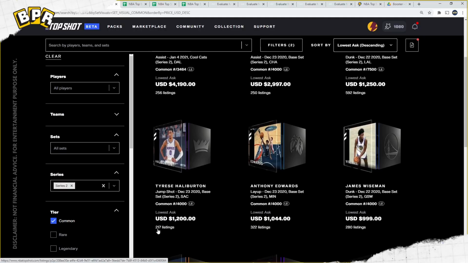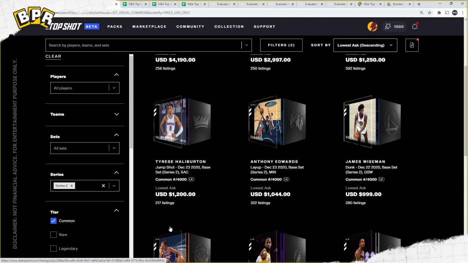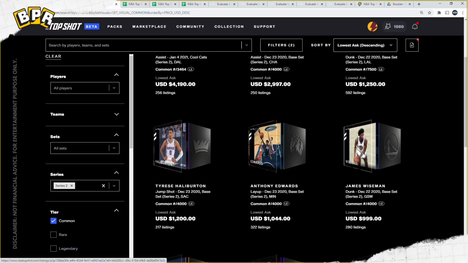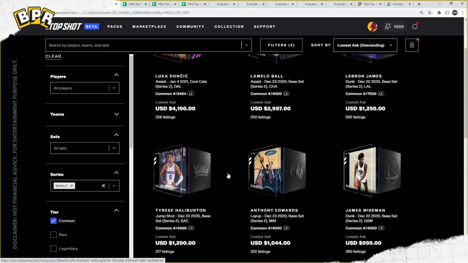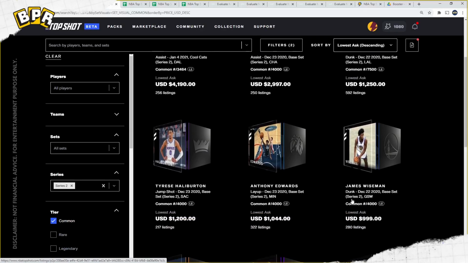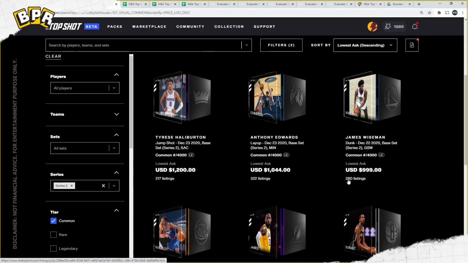At the 4,000, there's 217 listings, and these correlate with the more popular rookies. The market has already dictated that LaMelo, Tyrese, Anthony, James are all the top rookies that are more popular in terms of the marketplace. It just takes a little bit of time for all these listings to slowly decrease.